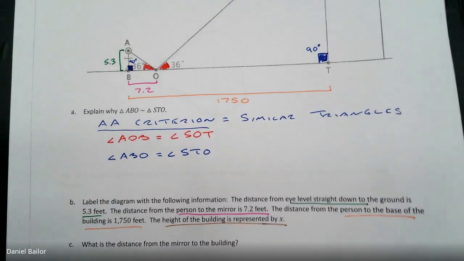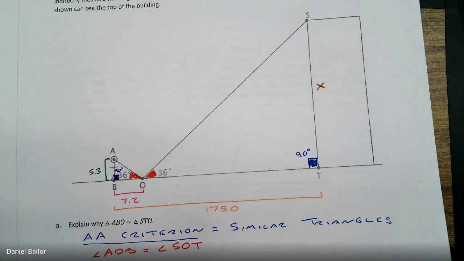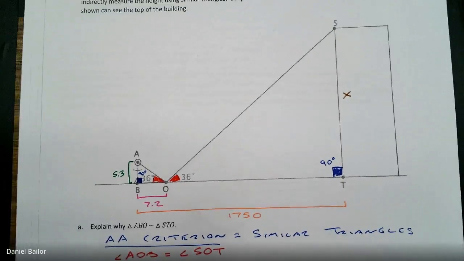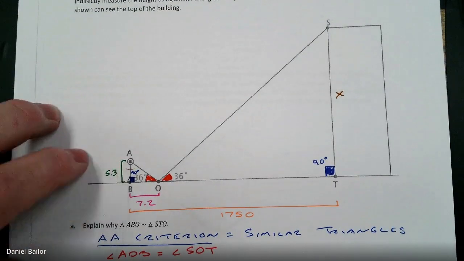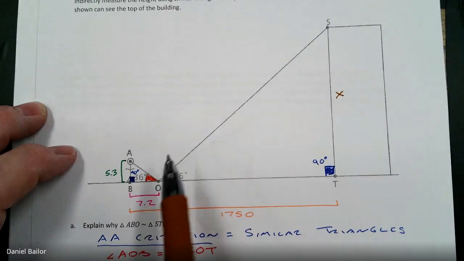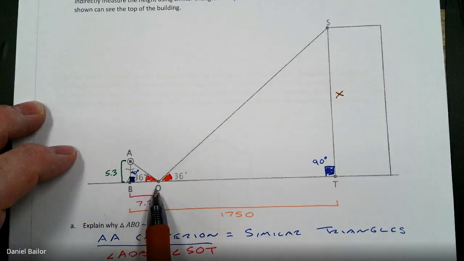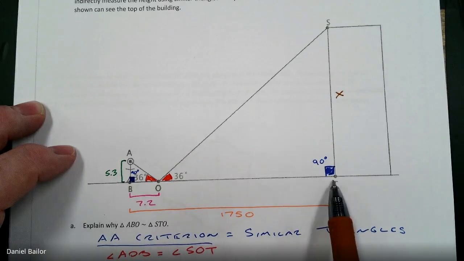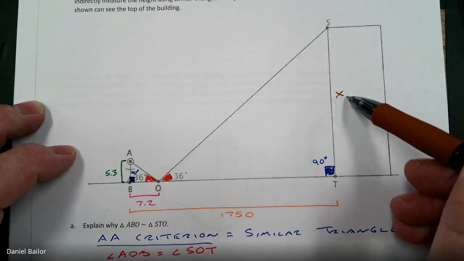So let me show you my labels so that you can see that I labeled everything. We have the 5.3 for this part of the triangle. We have the 7.2 for this part of the triangle. We have 1750 from all the way from the person to the building. And X is the height of the building.